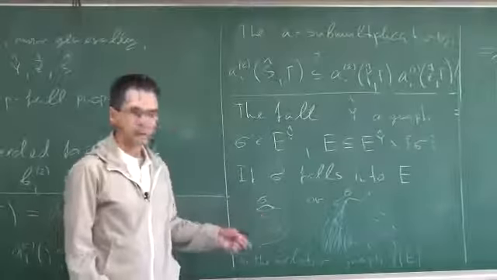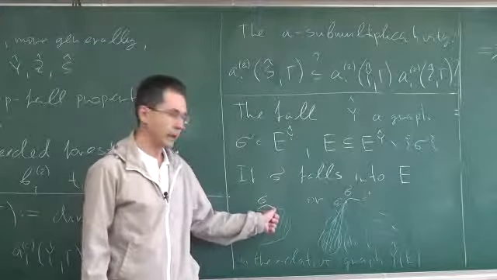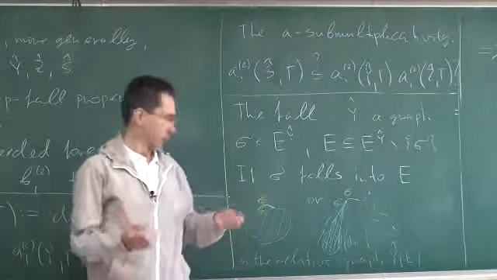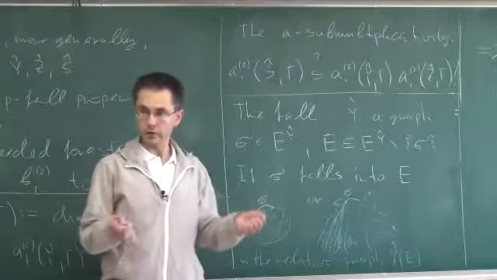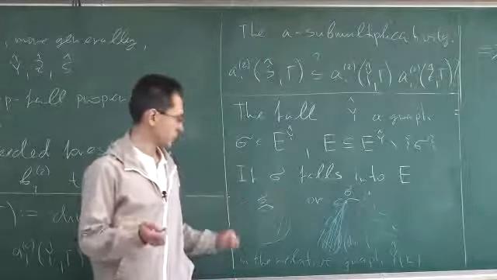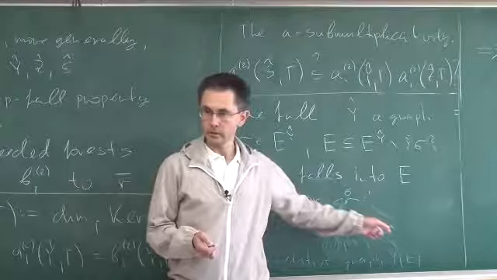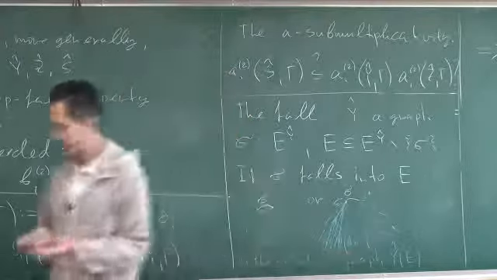Consider the relative components containing the initial point and the terminal point. Those two components do not coincide; they must be different. That's one assumption. And at the same time, they are not both infinite. So at least one of them must be finite.